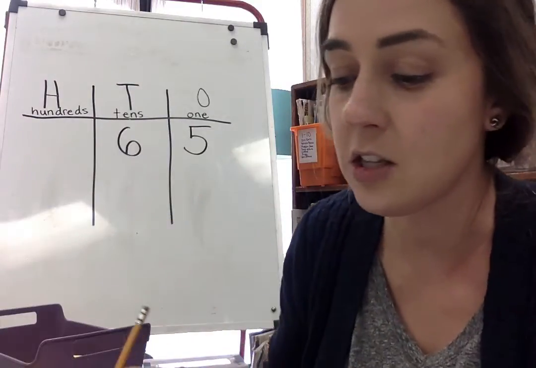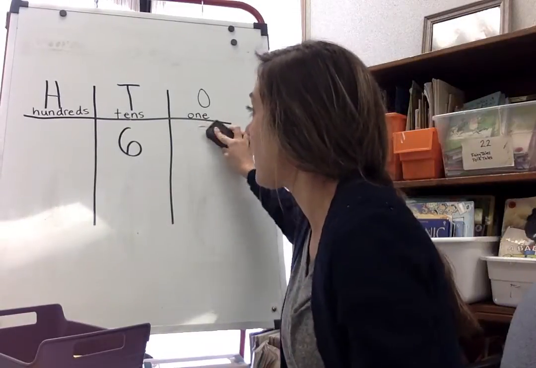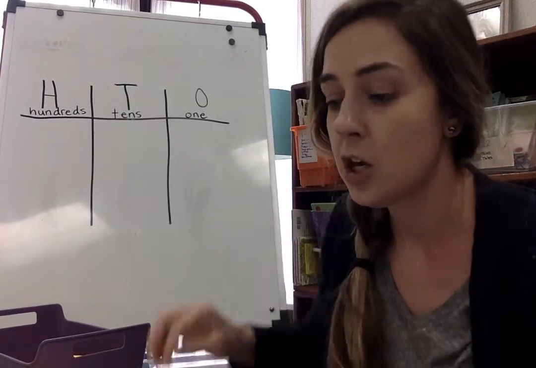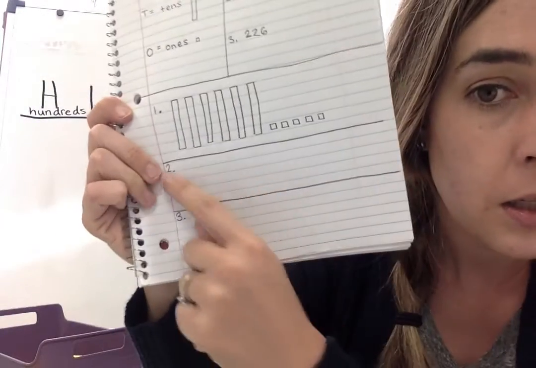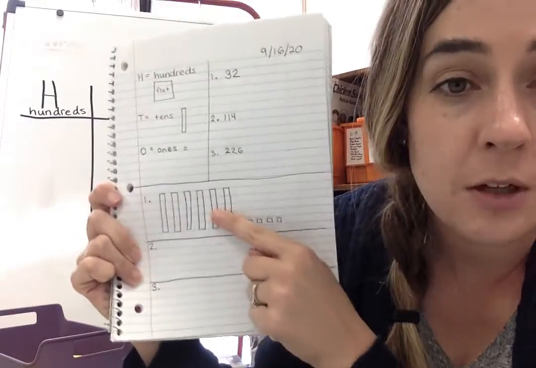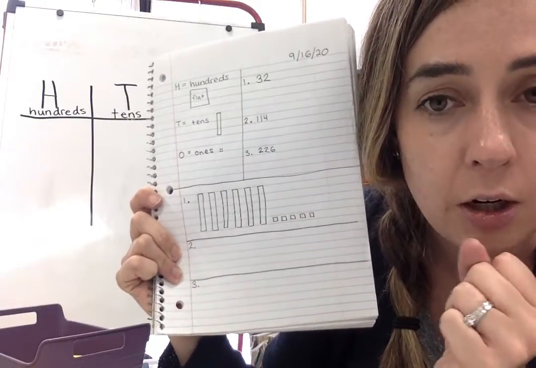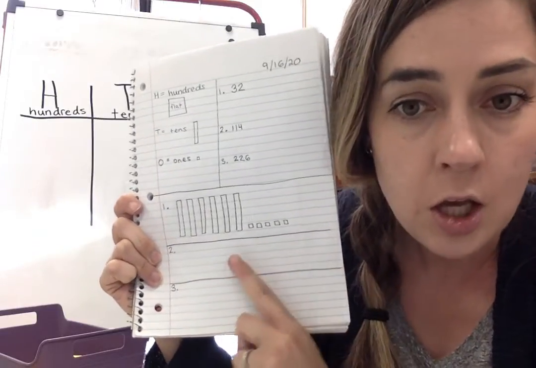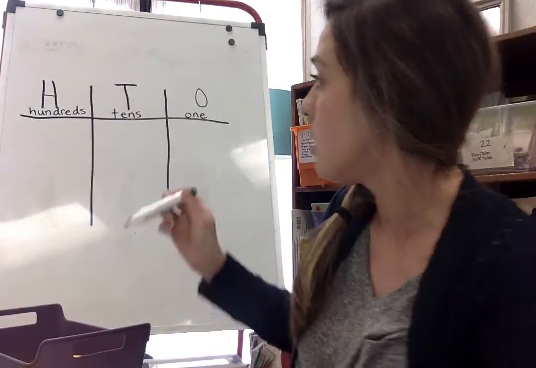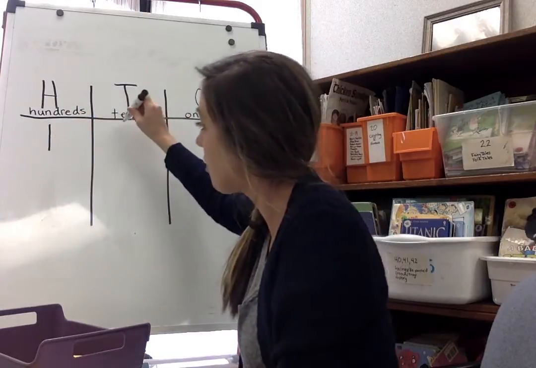All right, so here is your challenge, or your task, I should say. You have 2 more areas in your notebook. So just like we built this number, 65, I'm going to give you 2 more numbers that you're going to build, all on your own. So the first number that you're going to build in box number 2 is the number 133.